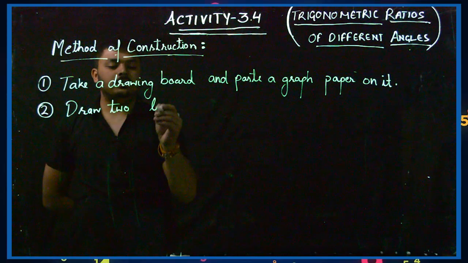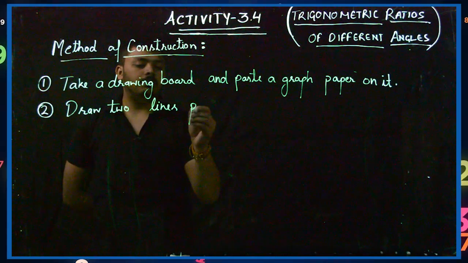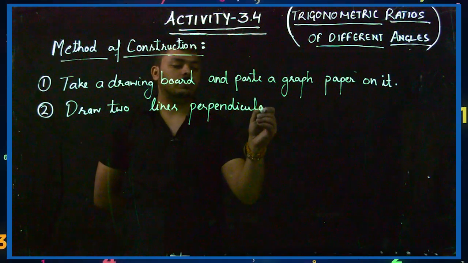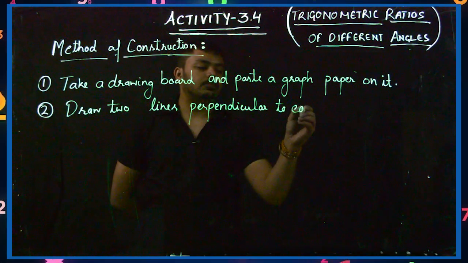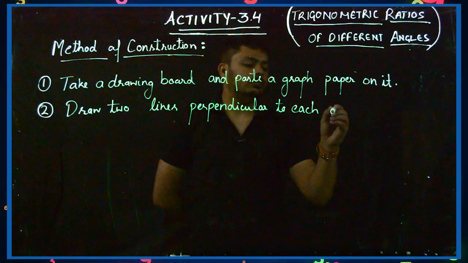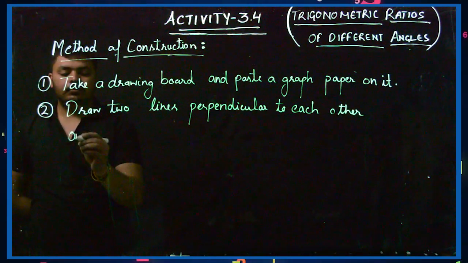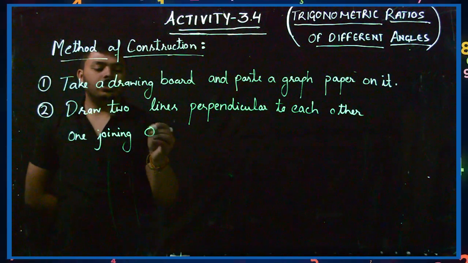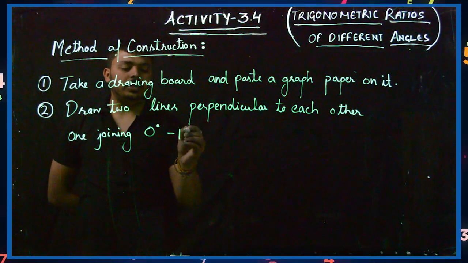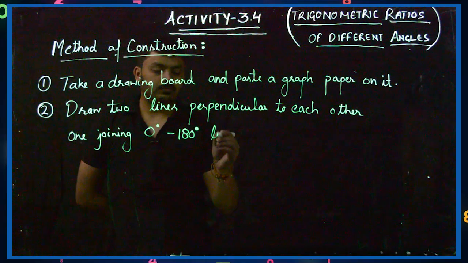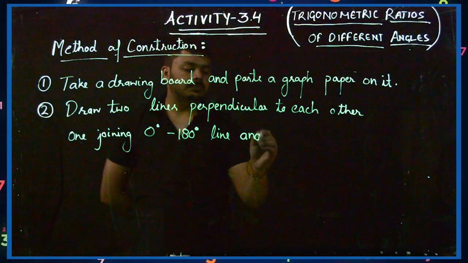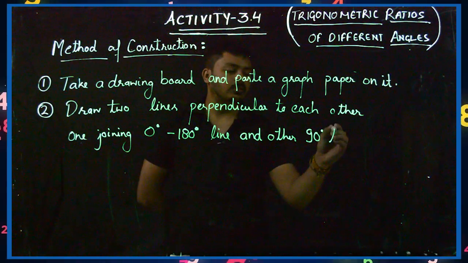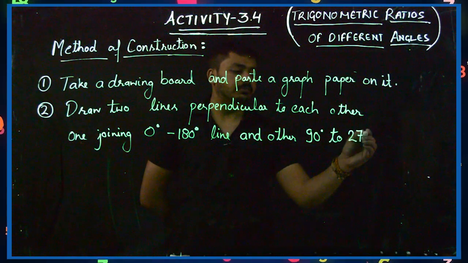Draw two lines perpendicular to each other, one joining 0 degree to 180 degree and the other joining 90 degree to 270 degree.